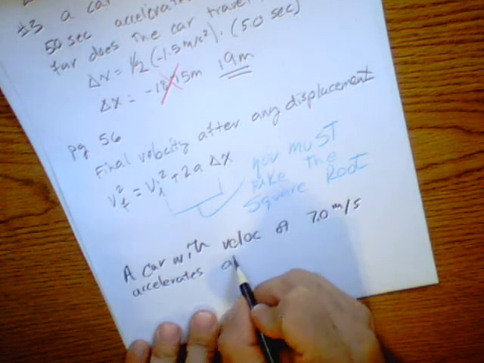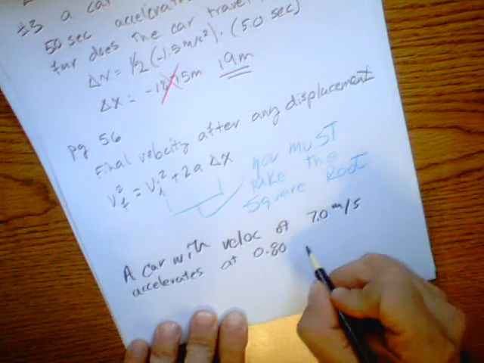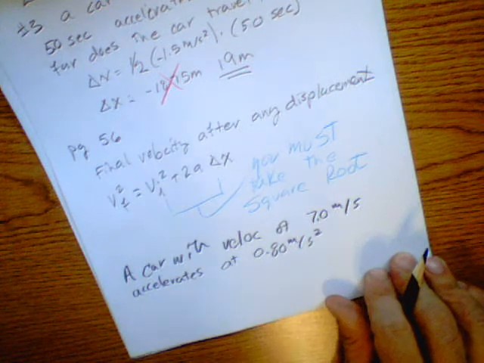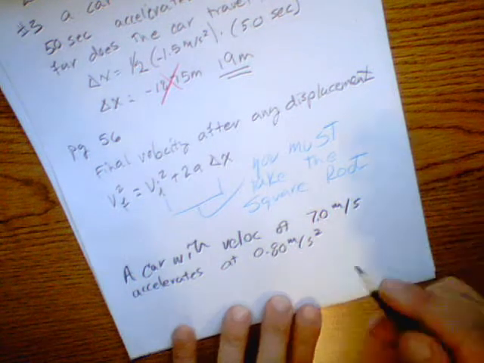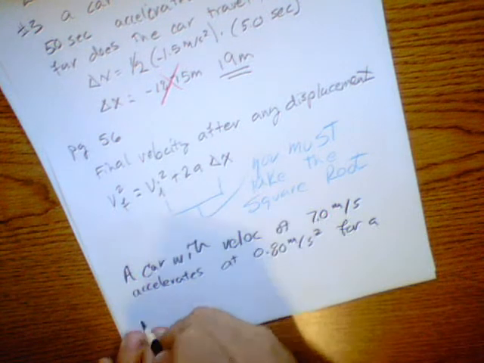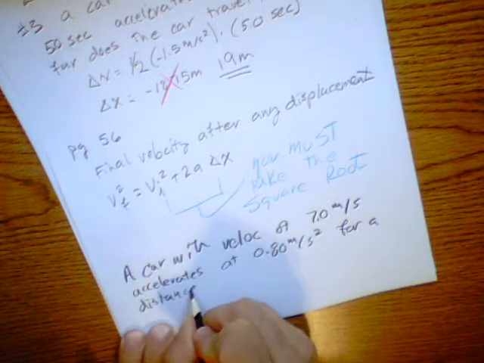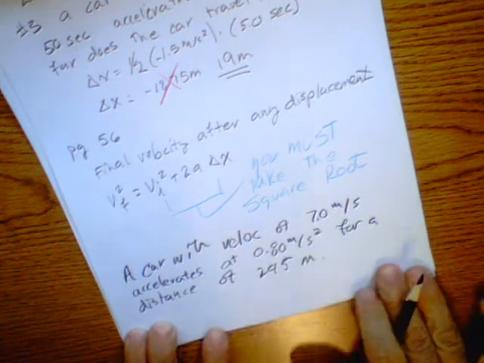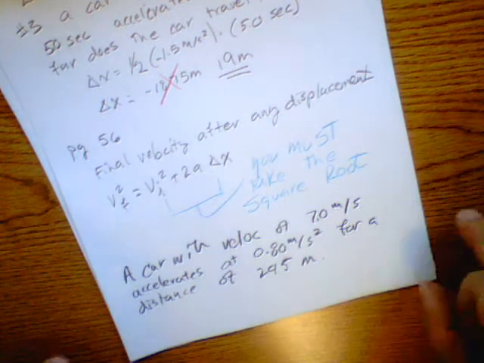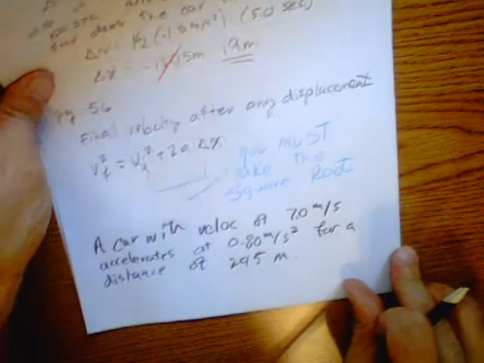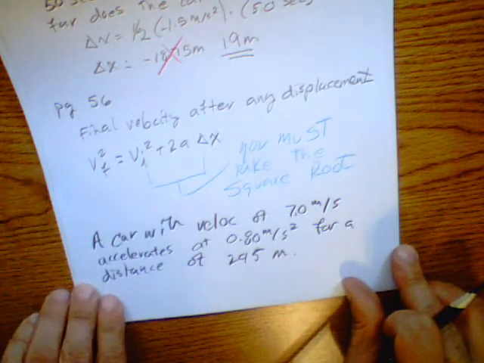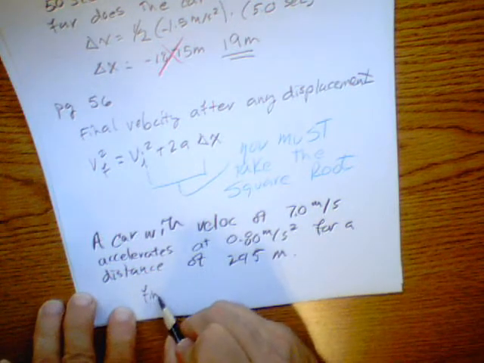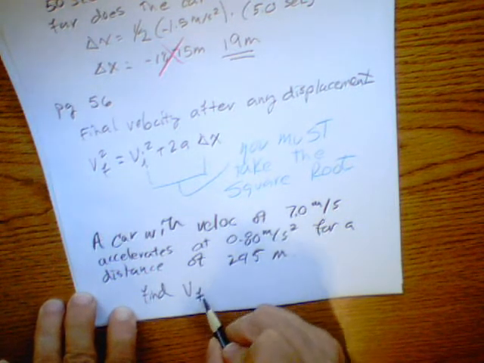Accelerates at 0.80 meters per second squared for a distance of 245 meters. Right? So we want to know the final velocity. So find velocity final.